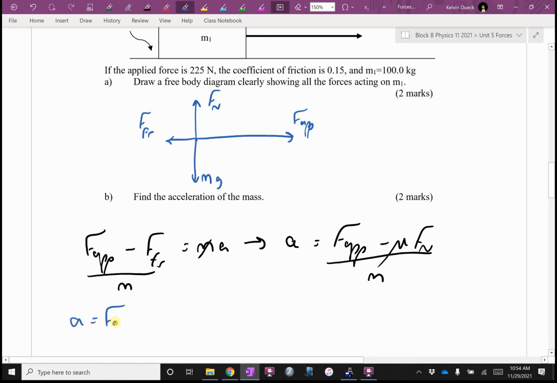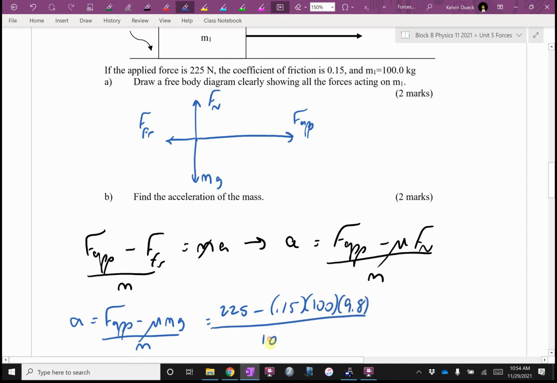A is going to be F applied minus mu mg all over m. It's going to be 225 minus 0.15 times 100 times 9.8 all over 100.